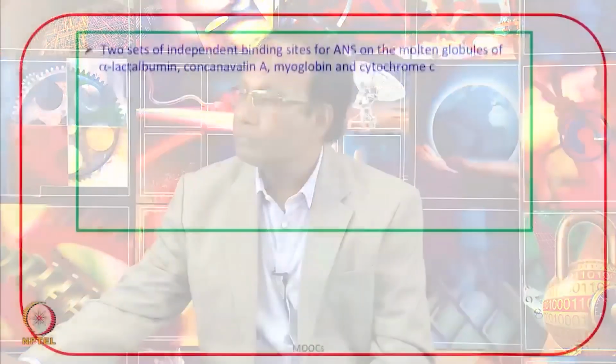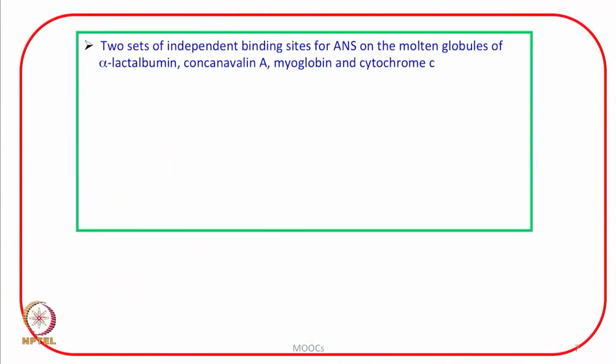Let us see what more conclusions can be drawn from these types of experiments. One conclusion which comes from this experiment is that there are two sets of independent binding sites for ANS on molten globules of alpha lactalbumin, concanavalin A, myoglobin and cytochrome C. This comment is based upon the experiments of ANS with the molten globule states of a variety of proteins.